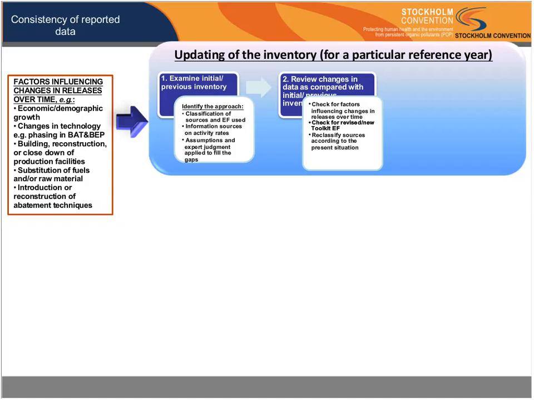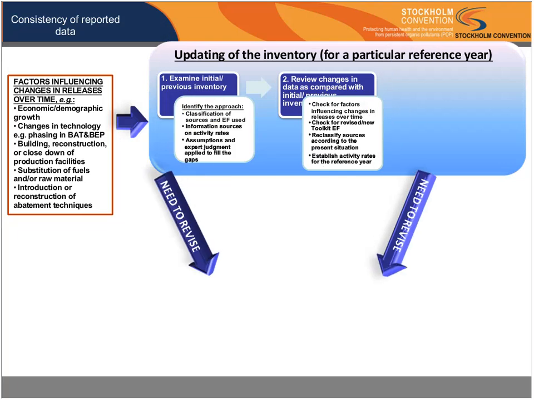It is also important to classify the sources again, and in some cases where changes in the technologies occurred, it might be necessary to reclassify the source according to changes which occurred in the meantime. And finally, activity rates referring to the particular reference year for which the inventory is done have to be established.